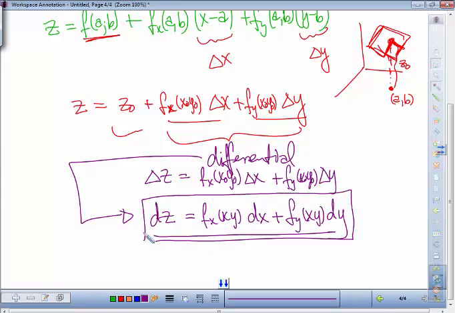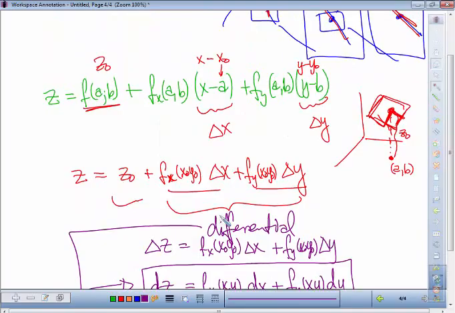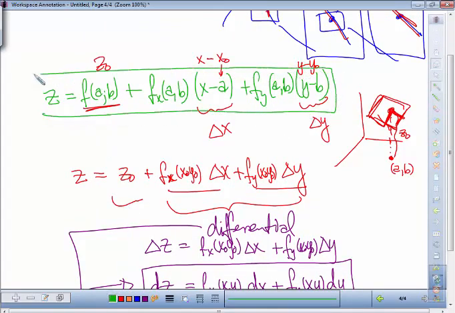Okay. Now I also took out the x naught y naught because we can be as generic as we want to be. This can happen at any point, so we're just putting x, y generically without specifying a particular point. Let me backtrack over here again and put a box around this and call this a linearization.